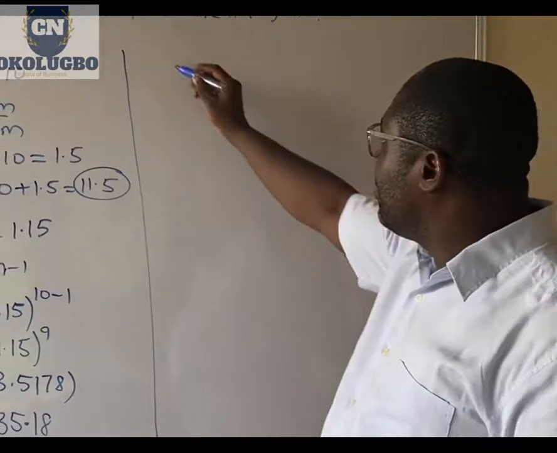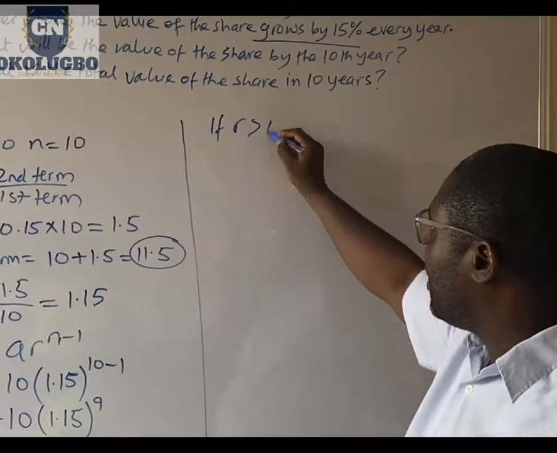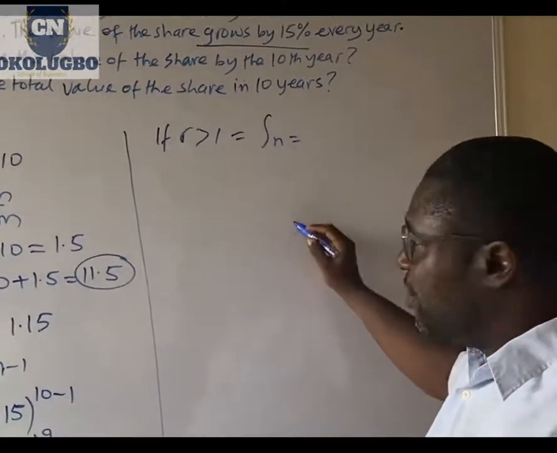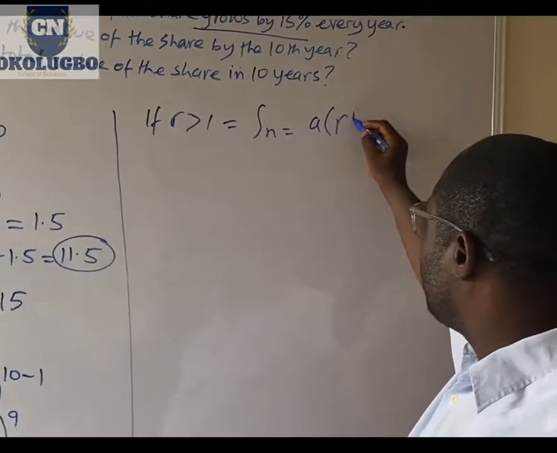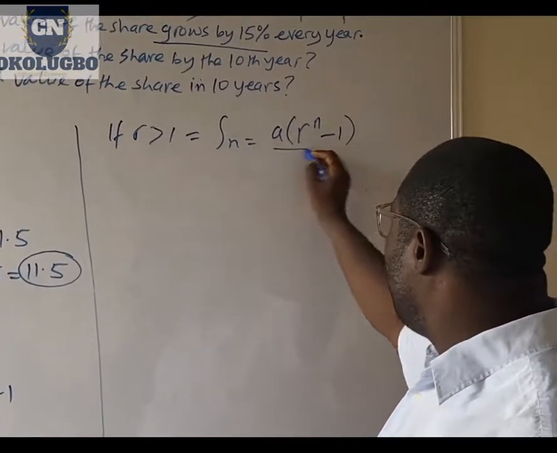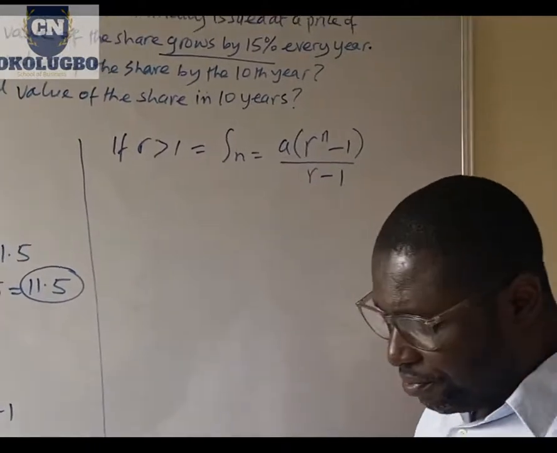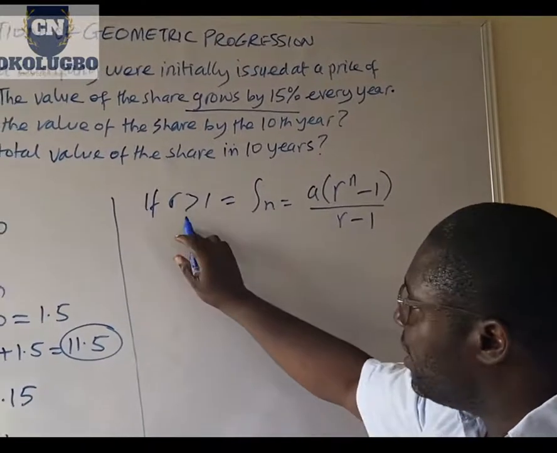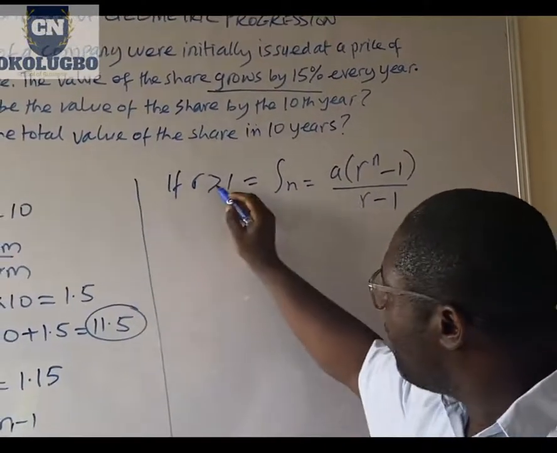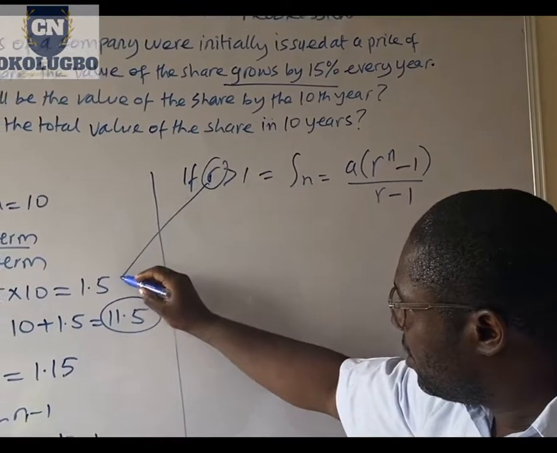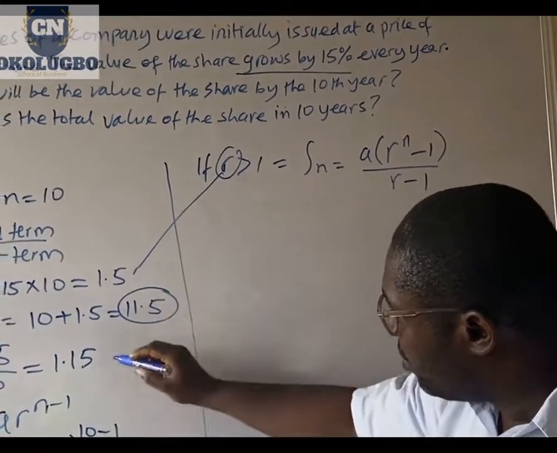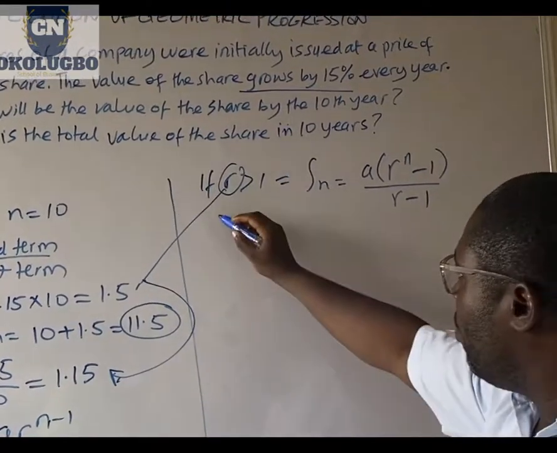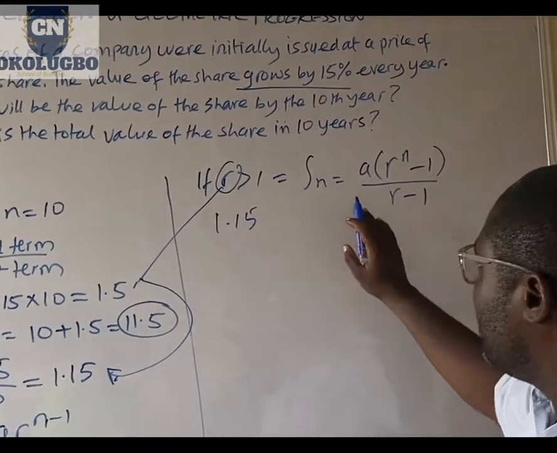If r is greater than 1, as in this case, then we are going to use the sum of a GP: A into r raised to power n minus 1, all over r minus 1. We say that r in this case is 1.15.